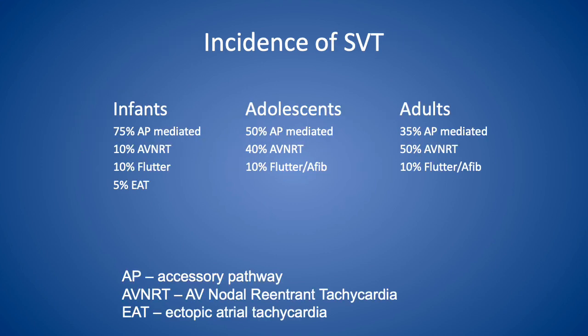If we look at the incidence of SVT, particularly in the neonatal and infant population, a majority are accessory pathway mediated, followed by a small portion that's AVNRT, about 10% are flutter, and usually 5% tend to be some sort of ectopic atrial tachycardia.